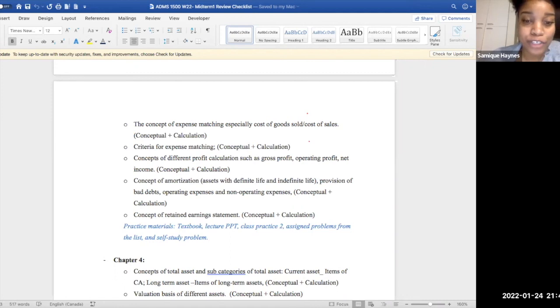See, people have learned. Concept of amortization. Somebody asked, what's that? Well, it's depreciation. It's the same thing, understanding how to calculate that. Conceptual plus calculation will come in for that. Okay. Concept of retained earnings statement. So we worked on that statement as well.